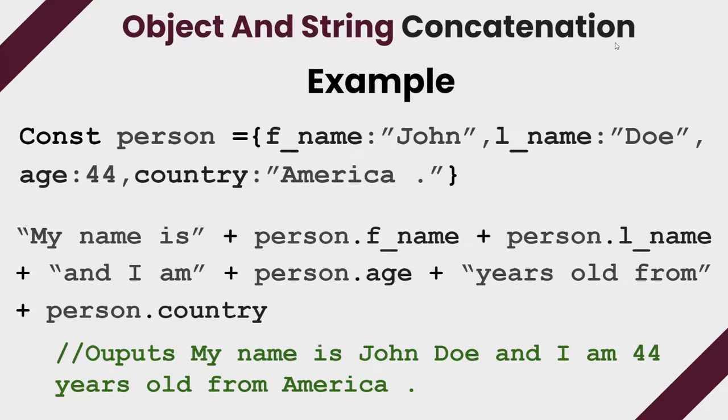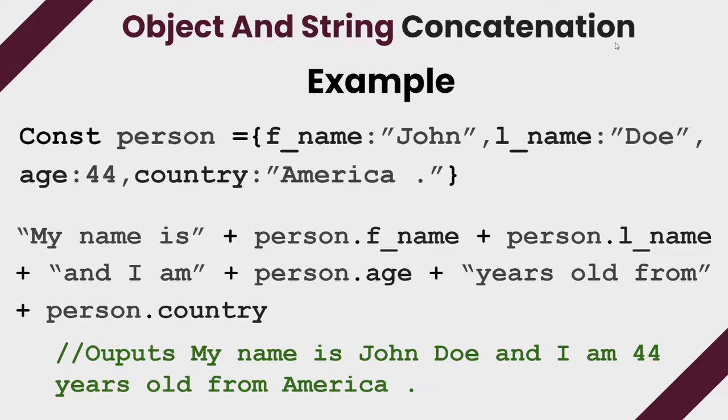So for the first part of this section, we have object and string concatenation. And now, like I said before, we are not going to go through too many stories. I'll just show you a brief example and we'll get to translate all of these codes on VS Code. So for this example, we have the constant that has been defined. I mean, an object name that has been defined with the const keyword or declared.